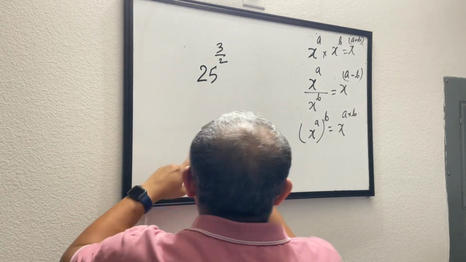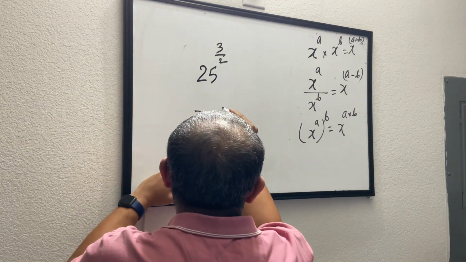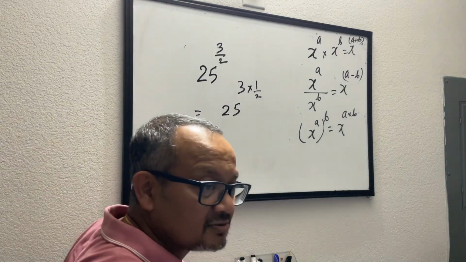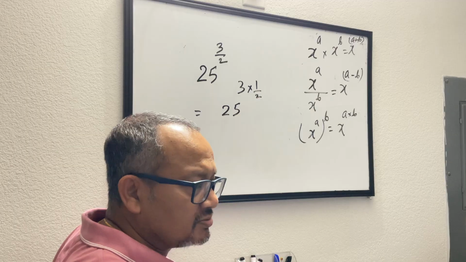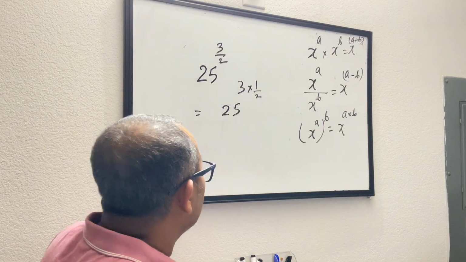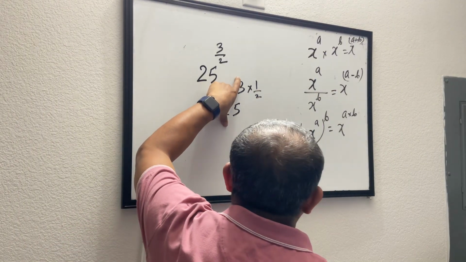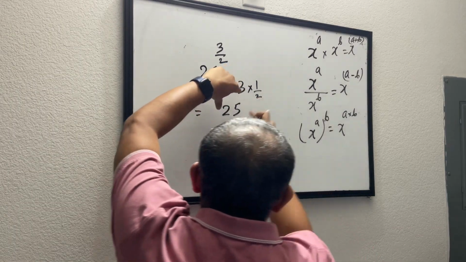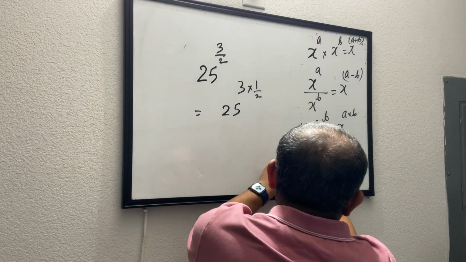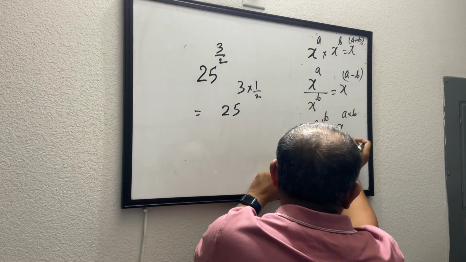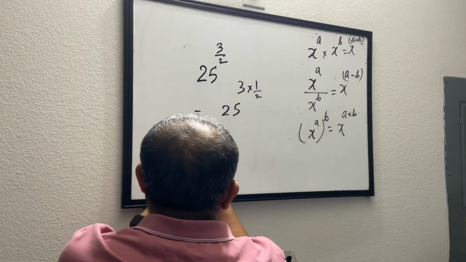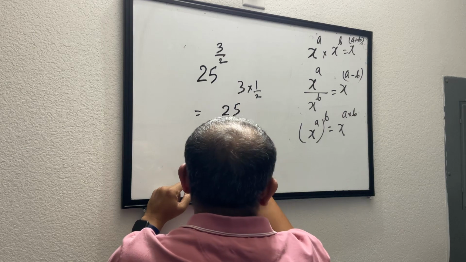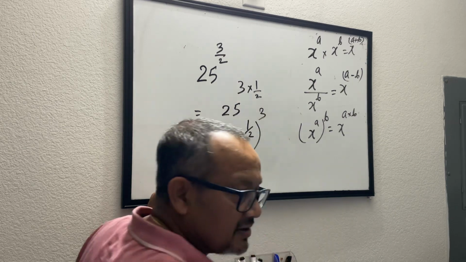Now look at it. 25 to the power 3 by 2. Can I say 25 to the power 3 into 1 by 2? 3 into 1 by 2 is 3 by 2. Now, when you have something to power A times something to power B, that becomes something to power A times B. What I will do is, I will put 25 to the power 1 by 2 here to the power 3.